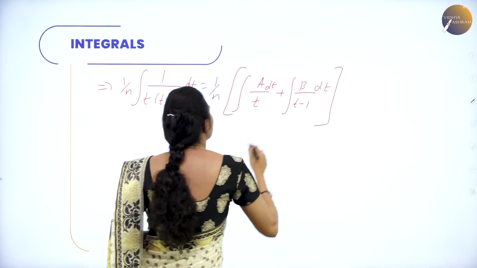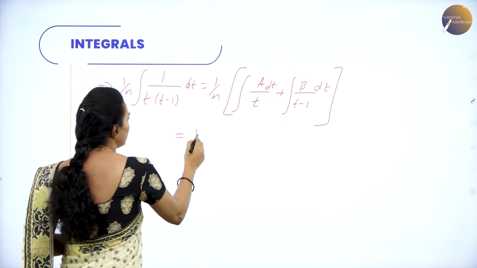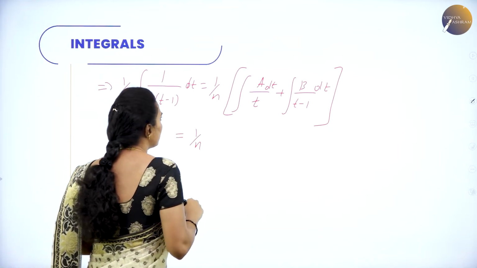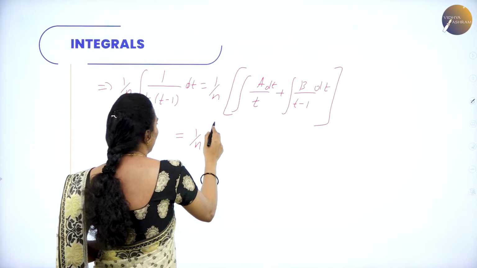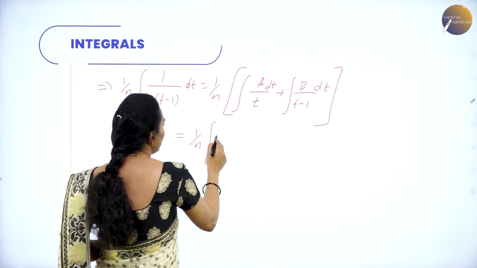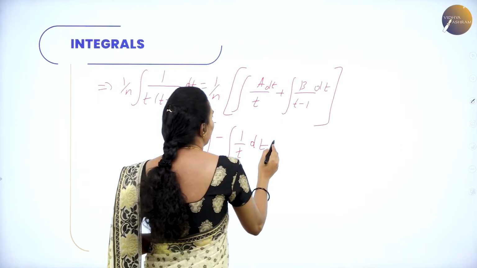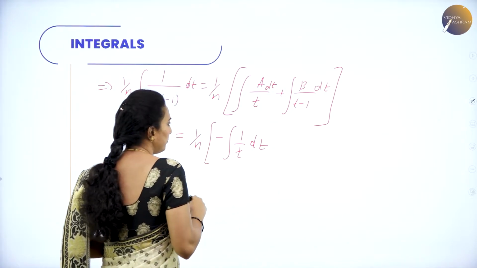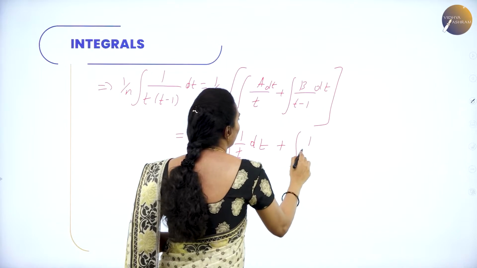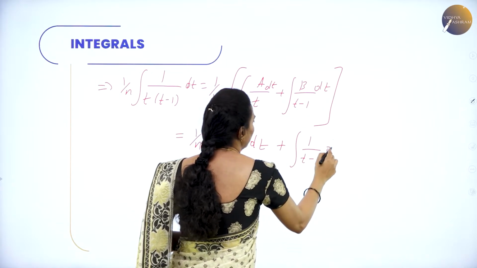So what happens here, substituting back, a is nothing but minus 1, so minus 1 by t into dt. Again b is nothing but plus 1, plus the integral of 1 by t minus 1 into dt.